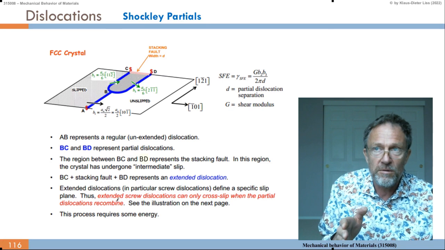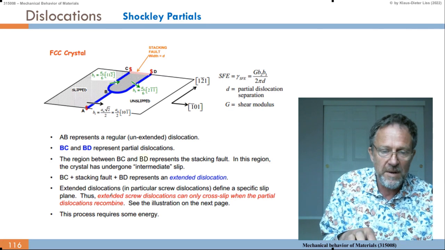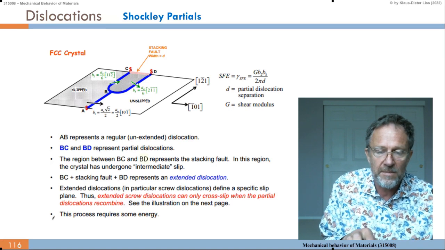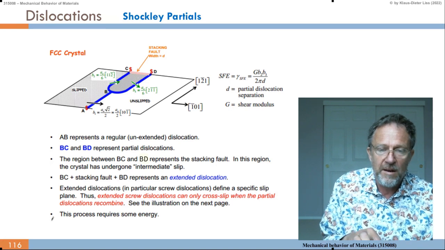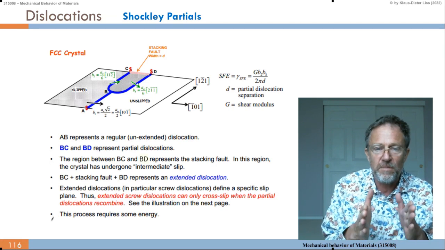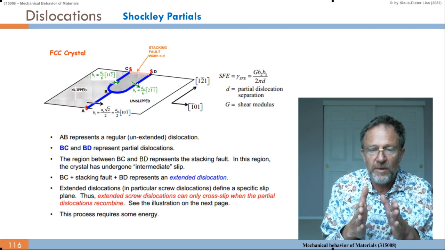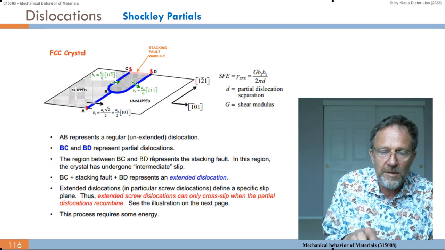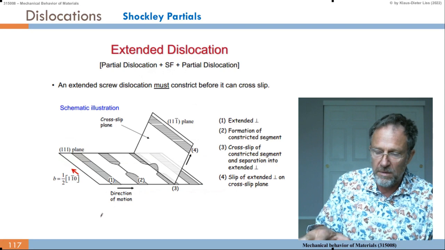However, that can only happen when it recombines, and I come to that on the next page. Of course, the recombination requires some energy, because we just said that we are in equilibrium at the distance D, the width of this extended stacking fault, and to recombine it, I have to overcome some energy.